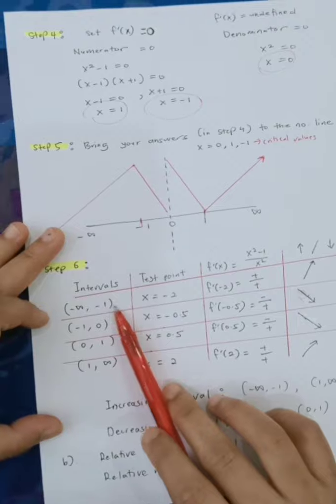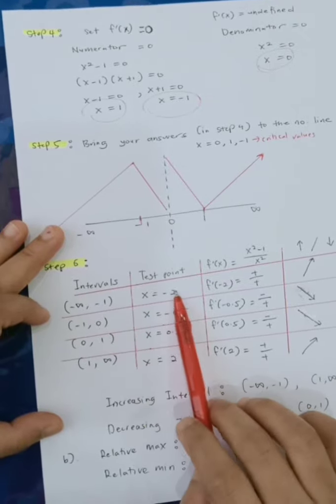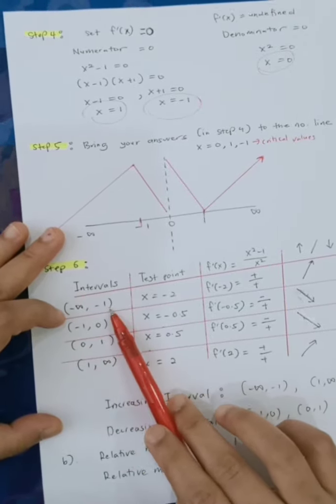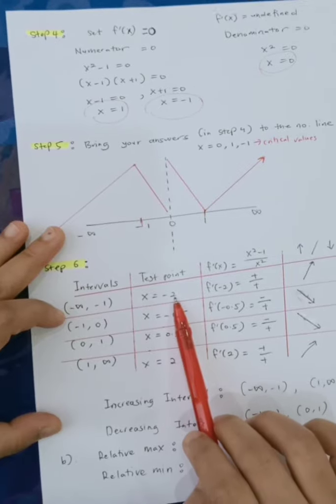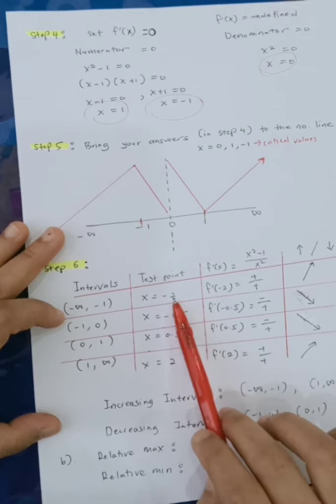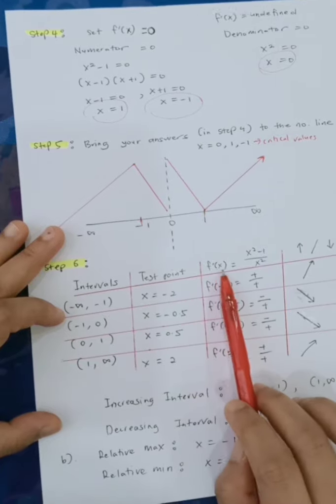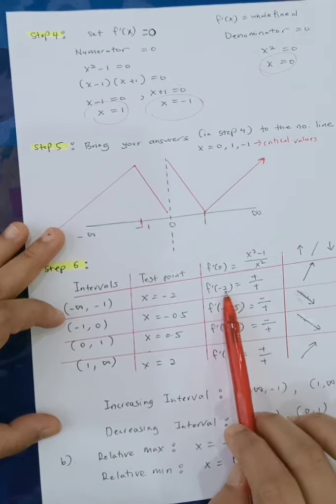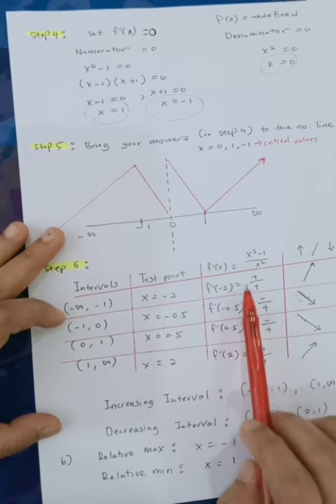From the first interval, take any test point between negative infinity and negative 1. Right now, madam chooses negative 2. We put the test point into our first order derivative just now. We want to test whether we get positive or negative.